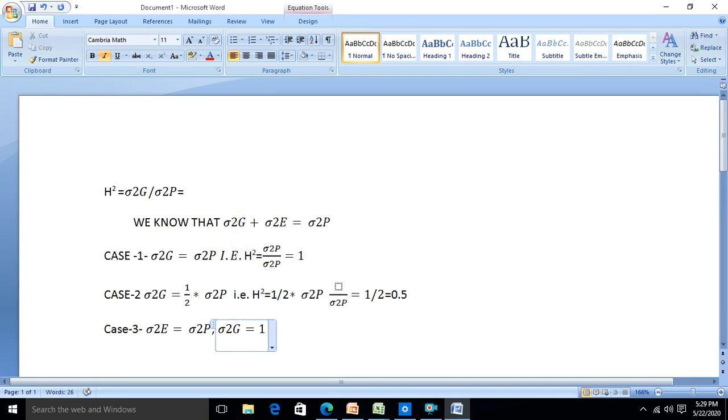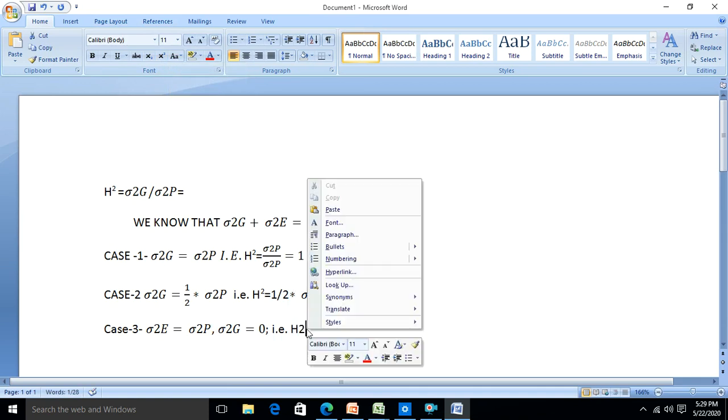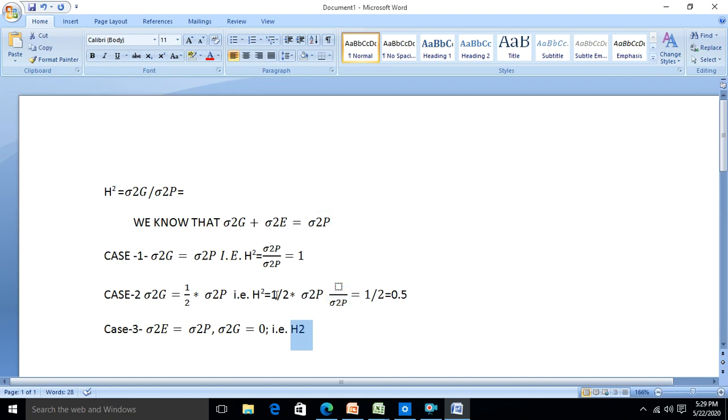Which again means that heritability is equal to, if sigma square g is equal to 0, 0 upon sigma square p, which is automatically equal to 0.